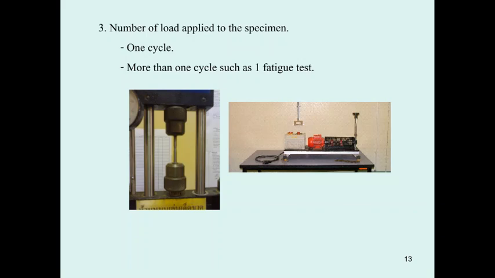And also we consider the number of loadings on the specimen. Most of our tension tests, compression tests, torsional tests, and shear tests are one-cycle testing. However, we have the fatigue test. In the fatigue test, the specimen rotates, and the stress on the specimen will change with the rotation of the specimen.